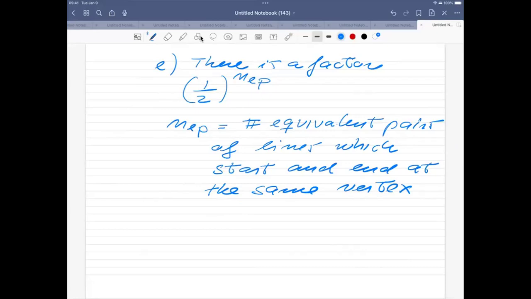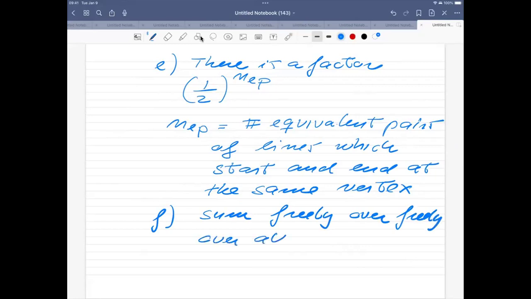Then the final one, F, is to sum freely over all intermediate particle and hole states. Sum freely over all intermediate states. And these intermediate states are normally single particle and single hole states.